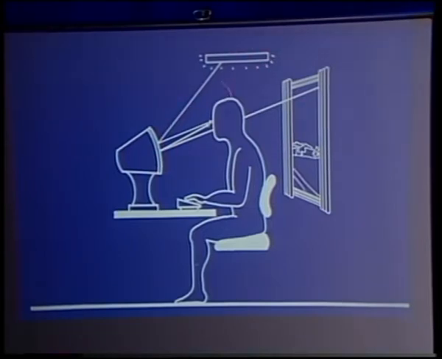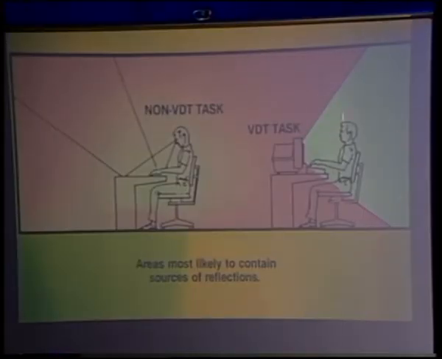It's a problem because on top of the image you want to see generated from the computer, you have an added image of your background. So that creates muscle strain and actually brain strain because you have to differentiate between what's on the screen and what is reflected. Generally speaking, areas behind you are going to be the areas where you have sources of reflection.